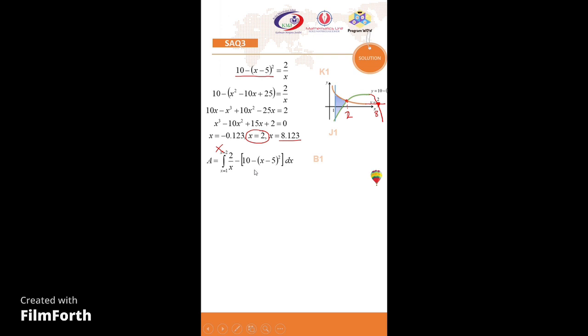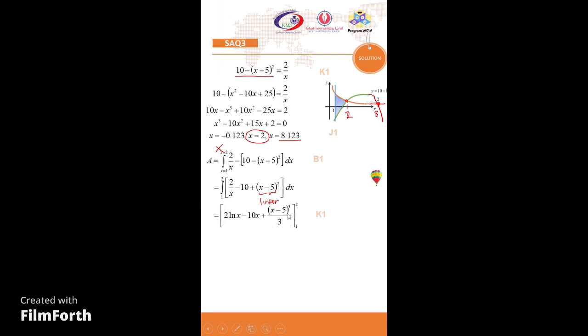So for the integration, you can integrate 2 over x directly. You can integrate 10 directly. And for the bracket, you have a linear expression inside the bracket, so you can also integrate directly.